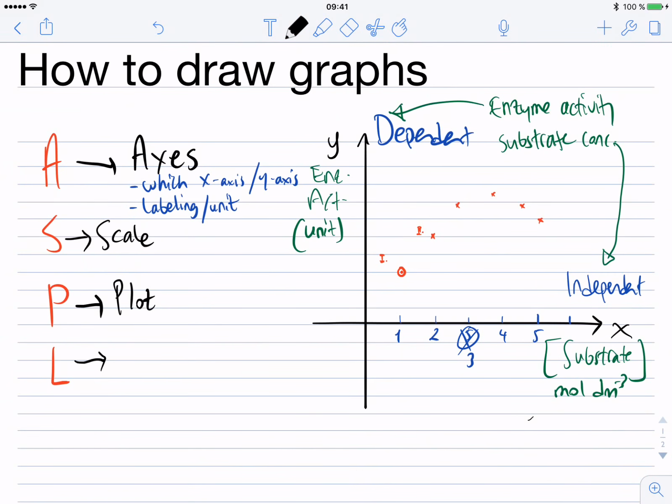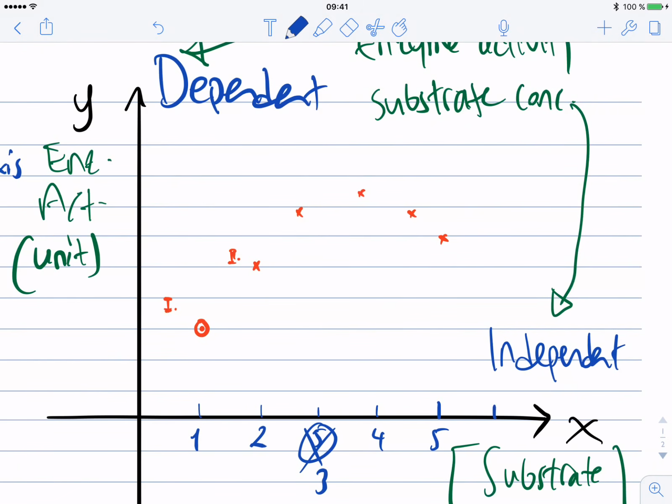Last one, L refers to line. In IGCSE biology, unless it's stated in the question, you should not draw a line of best fit. So what you need to do is simply join your dots with ruled lines. So use your ruler, join the lines, but do not extrapolate.